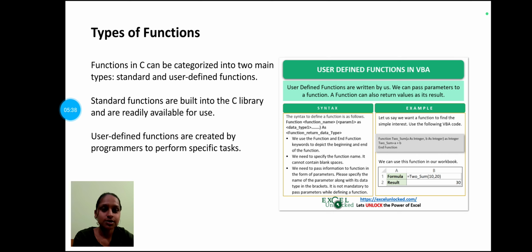Types of functions. Functions in C can be categorized into two main types: standard library functions and user defined functions. Standard functions are built into the C library and are readily available for use. User defined functions are created by programmers to perform specific tasks.